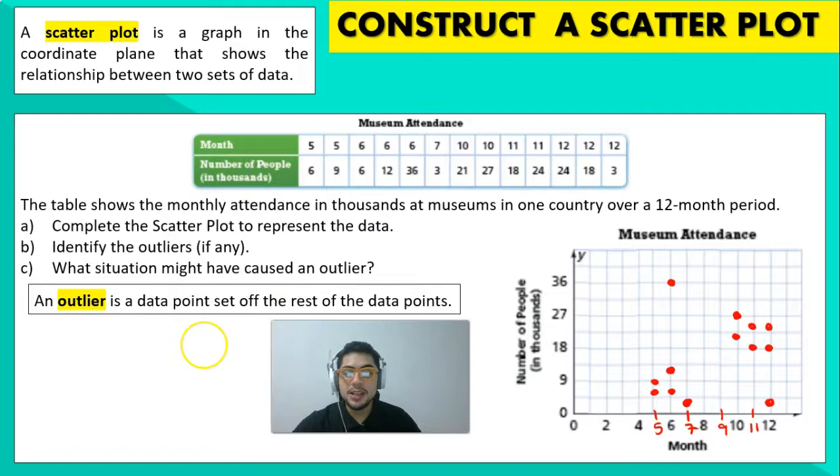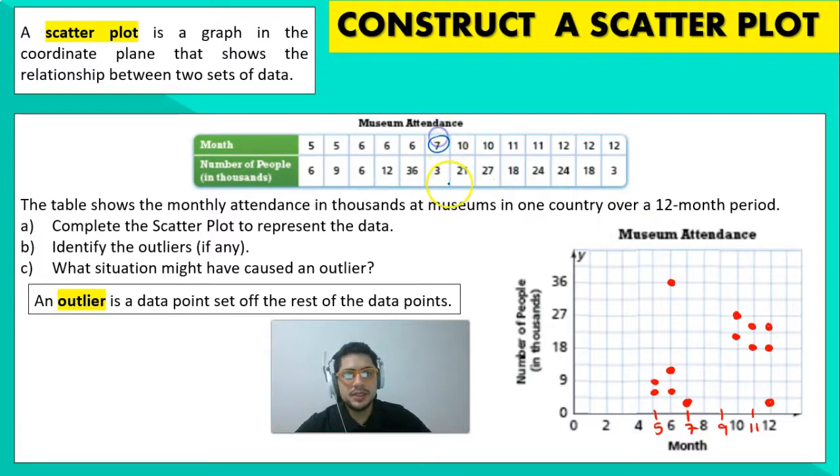Now as we can see from this data set, 5 has 2 values, which are the ones shown here. 6 has 1, 2, and 3 for 6, 12, and 36, which are these values that we see here.